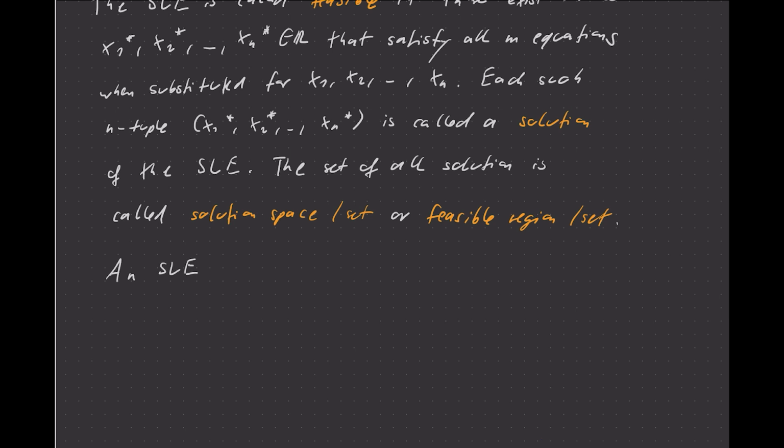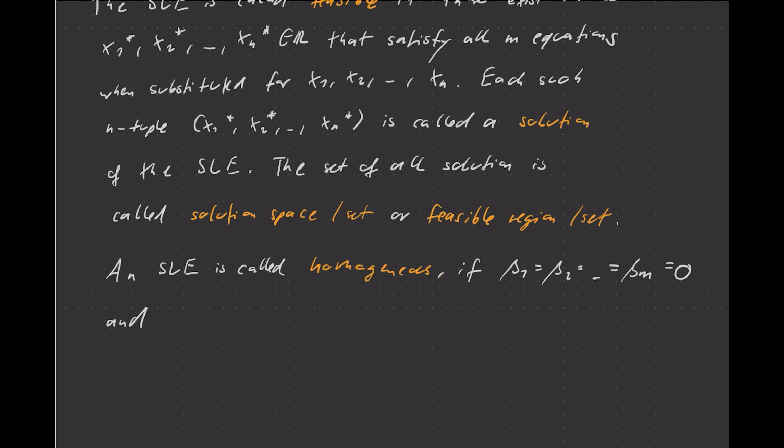So an SLE is called homogeneous if beta 1, beta 2, and so on, if all betas are 0.